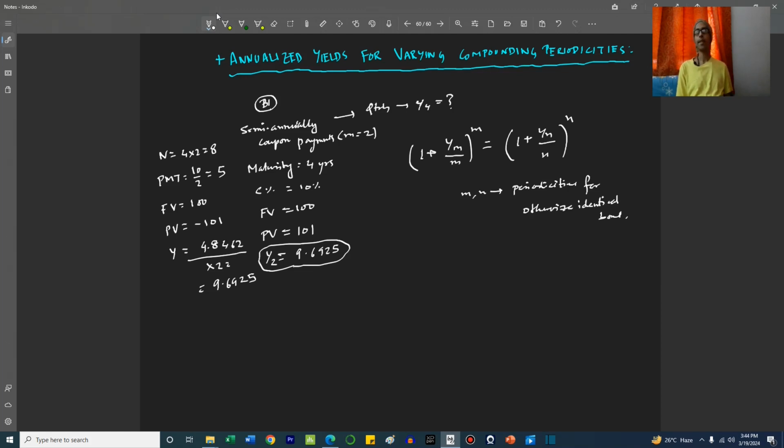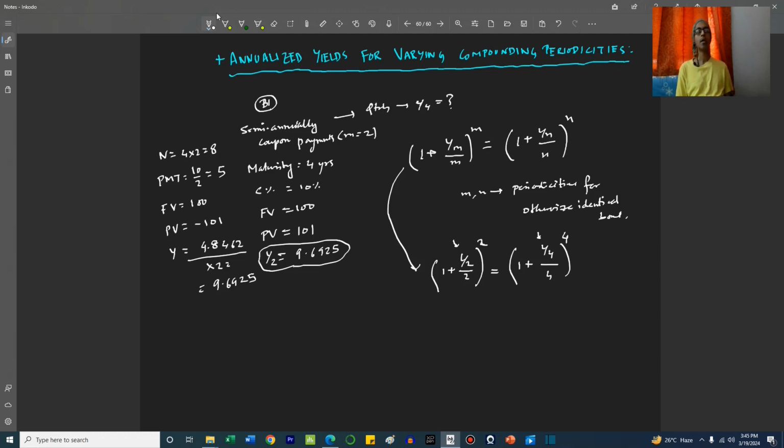Now let us put up the values here. This will translate as (1 plus y2 by 2) squared is equal to (1 plus y4 by 4) to the power 4. Now this is the annualized yield for the case where it is semi-annually compounded.